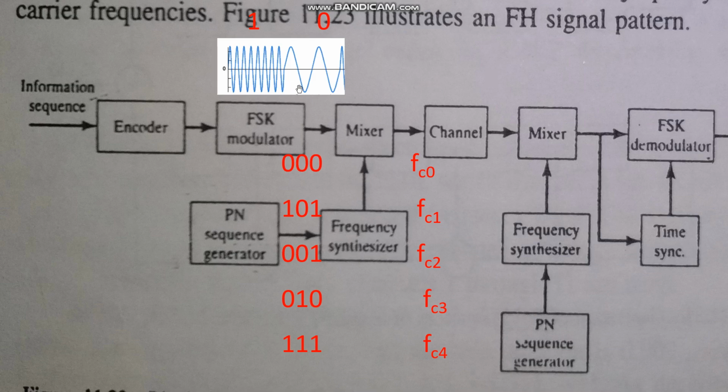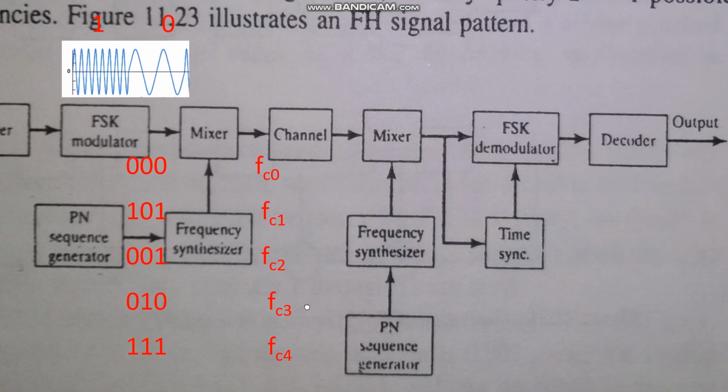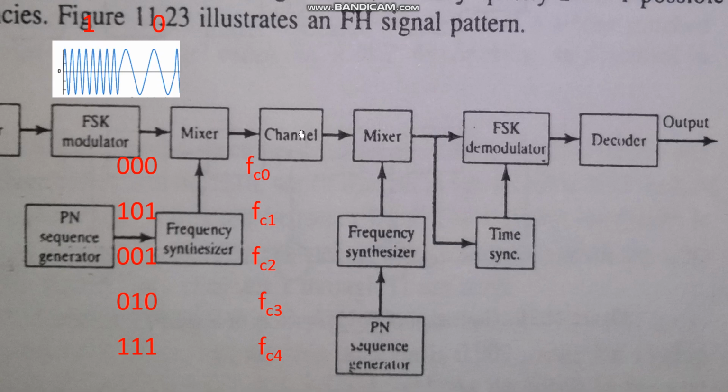And the signal is finally transmitted through a channel. Now at the receiver end, the incoming signal is directly applied to the mixer. Why? Because we want to remove this high frequency carrier first, then we demodulate.